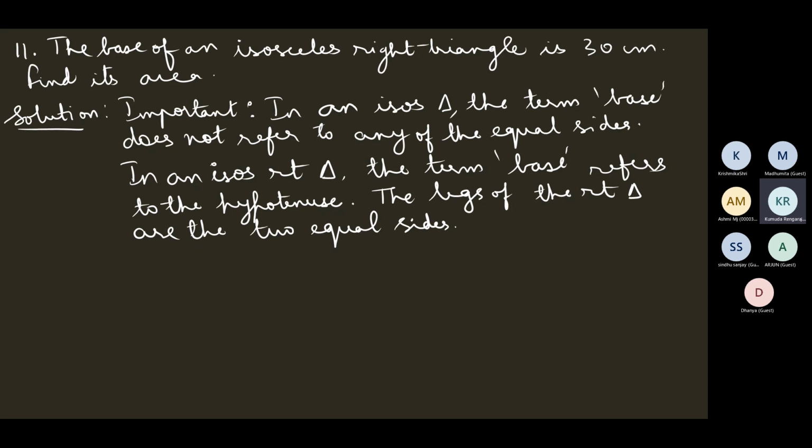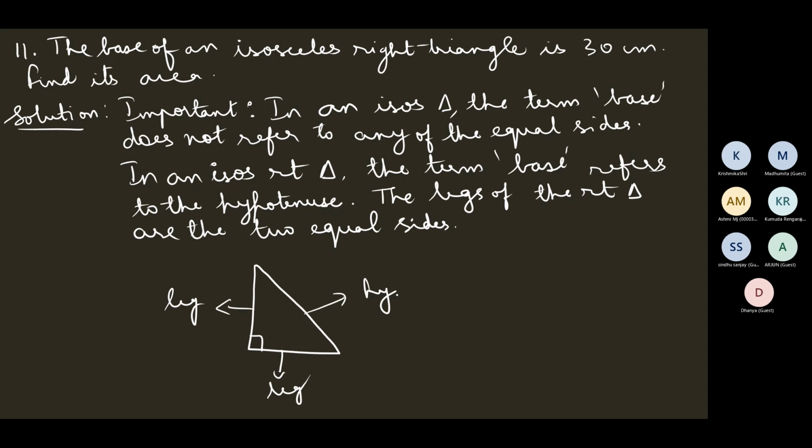I told you what the sides are called in a right triangle. This is a leg, this is another leg, and this is the hypotenuse. Legs are the sides that contain the right angle.